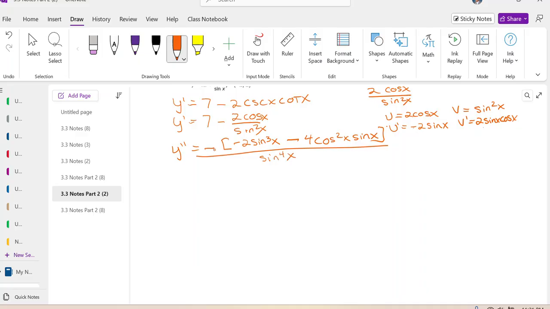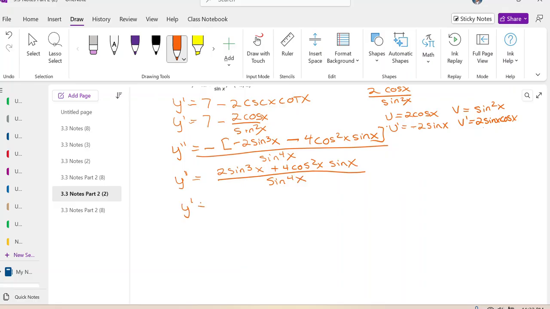Then notice here when we distribute the negative sign, it becomes 2 sine to the third plus 4 cosine squared sine x all over sine to the fourth.